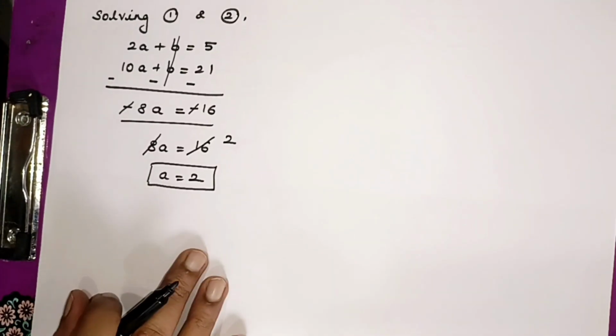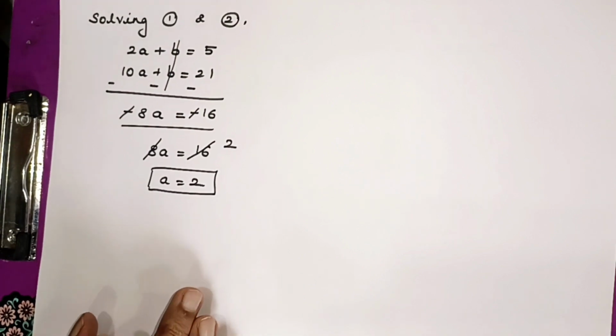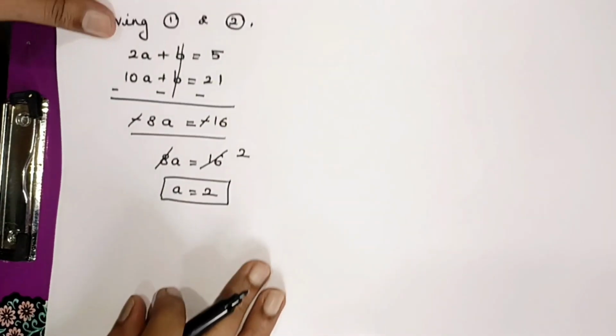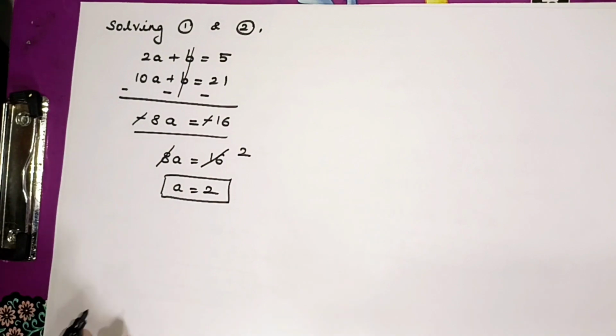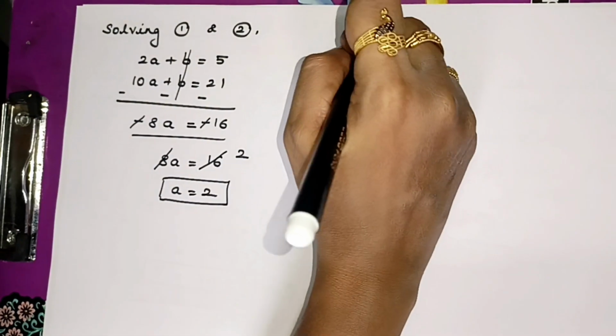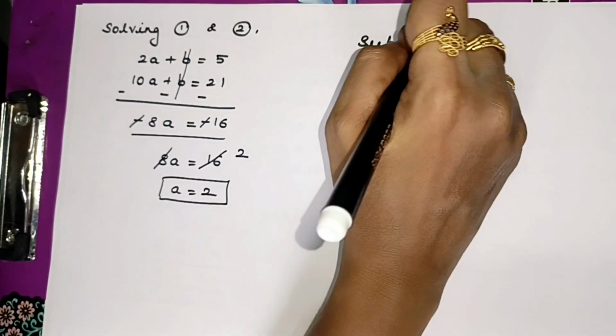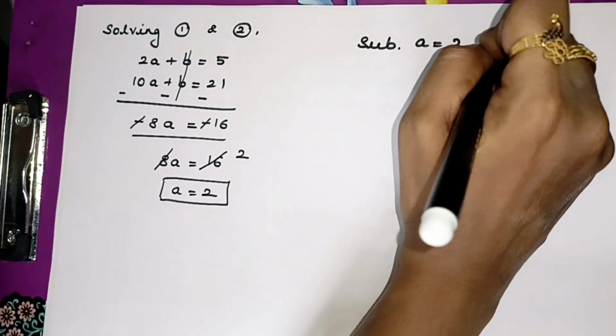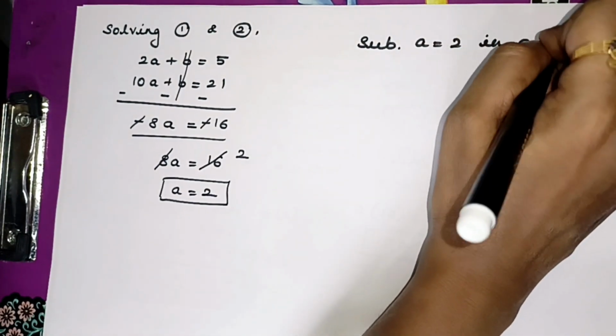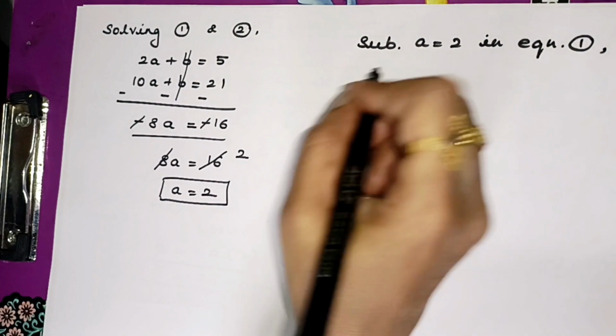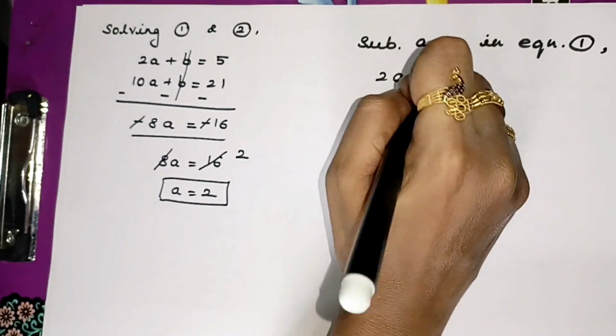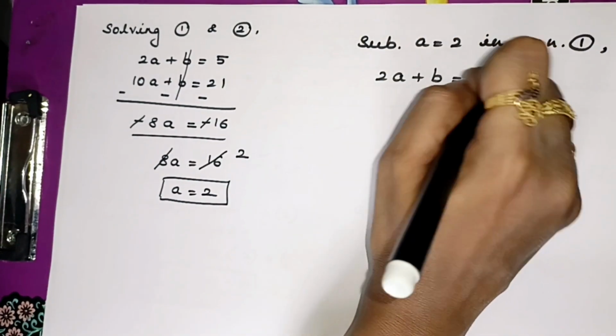Substitute the value of a equal to 2 in either equation number 1 or 2. I am going to substitute it in equation number 1. That's your choice. So 2a plus b is equal to 5.